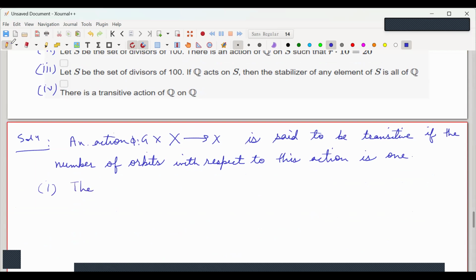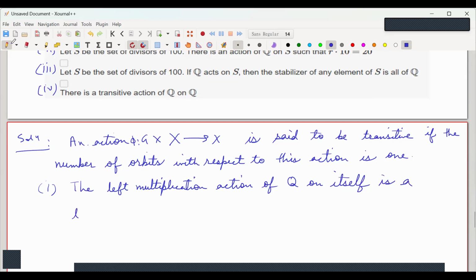You have already given the answer, the left multiplication action of Q on itself is a transitive action.